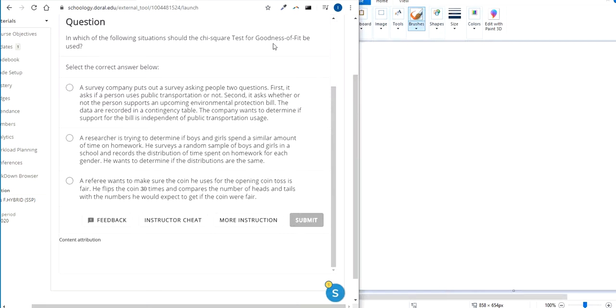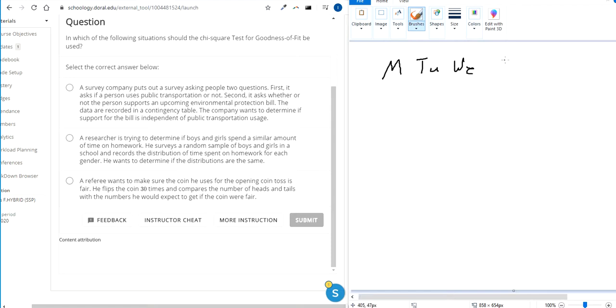Okay, the chi-square goodness of fit test is a test to see whether your data comes from an expected distribution. Let's say, just a real quick example: Monday, Tuesday, Wednesday, Thursday, Friday, Saturday, Sunday.